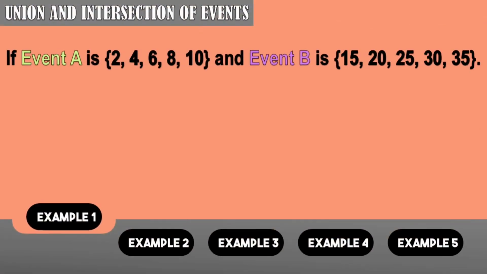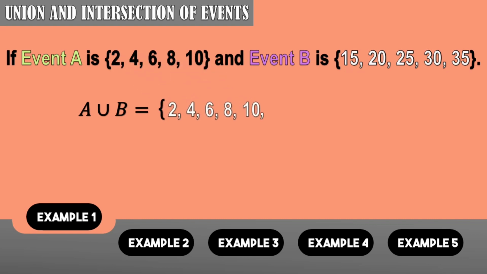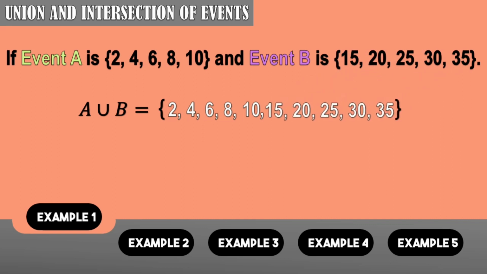For a deeper understanding, let us appreciate these examples. For our first example, if event A is 2, 4, 6, 8, and 10, and event B is 15, 20, 25, 30, and 35, let's identify A union B by writing all the elements of event A and event B. We can have 2, 4, 6, 8, and 10 for event A, and 15, 20, 25, 30, 35 for event B. Then A union B is the set of all elements 2, 4, 6, 8, 10, 15, 20, 25, 30, 35.